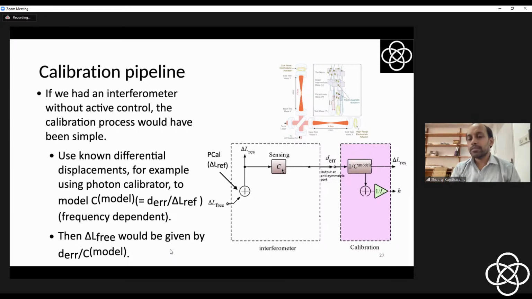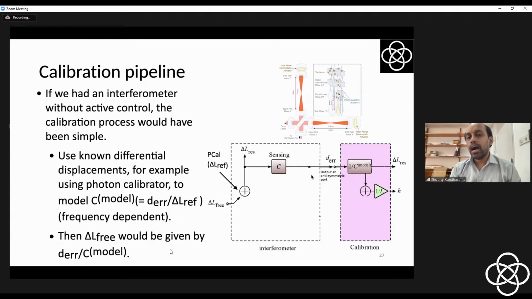That gives the response of the interferometer, which we call here the sensing function. Then by using some measurements, I can calculate the sensing function of the interferometer. Then I model that. So I call this sensing function model, C model.